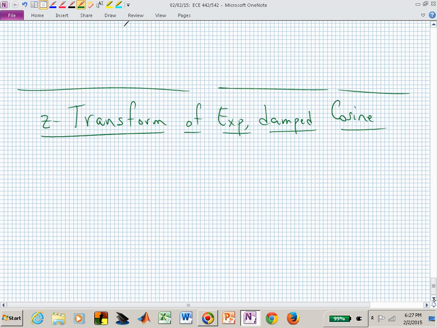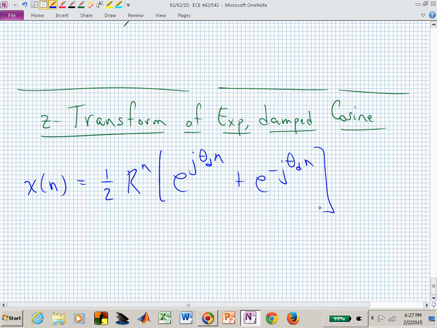Again, you have to do the twin. You're going to need to do the sine on your homework. Maybe that woke you up. Here's little x of n. We said that that's this 1/2 r to the n, then we have e to the j theta sub d n plus e to the minus j theta sub d n.